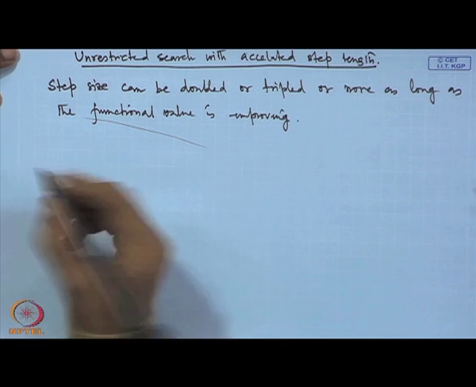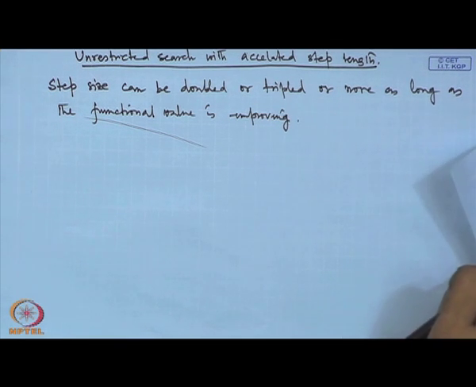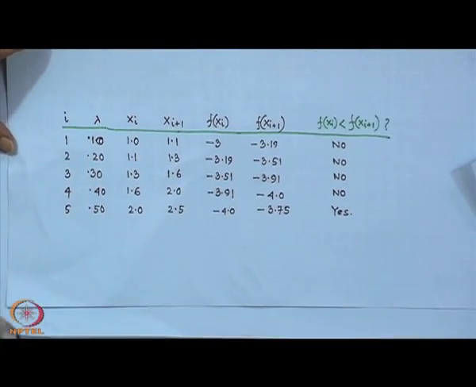That is why let us consider the same example here and let us see whether with the accelerated step size we are getting a better optimal or not. And this is a case for this.